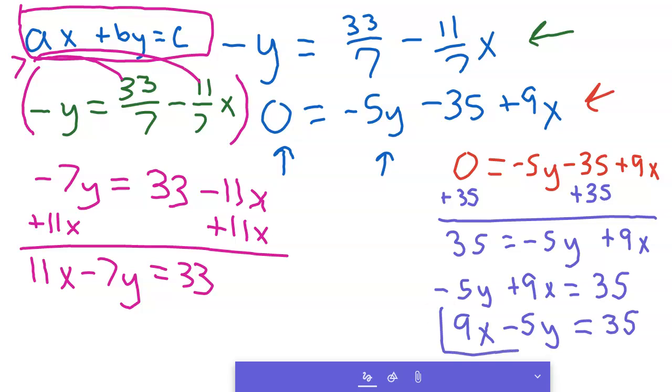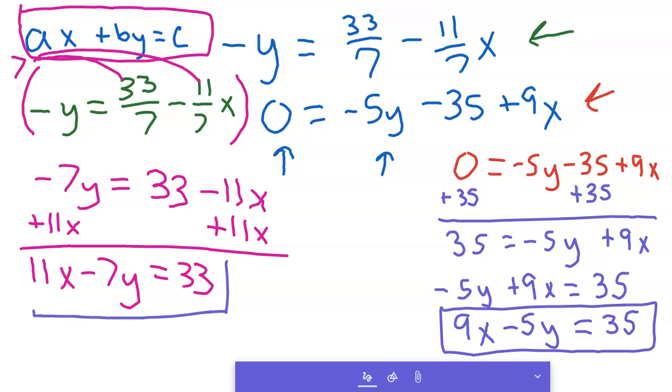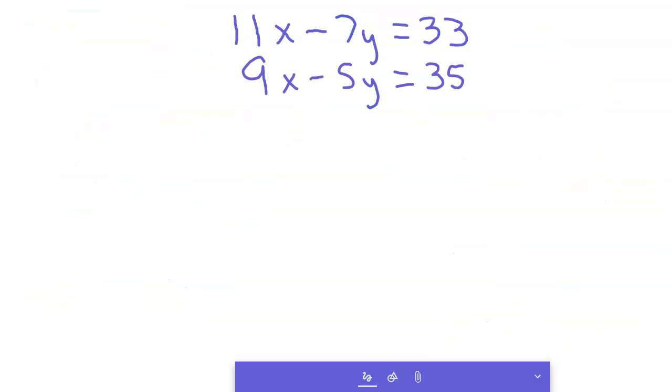So here are my two new equations. I'm going to put these over the top of each other and use elimination to solve them. Now that I have the equations rearranged, we can eliminate either the x or the y. I'm going to match up my x's, but you could also match up your y's.